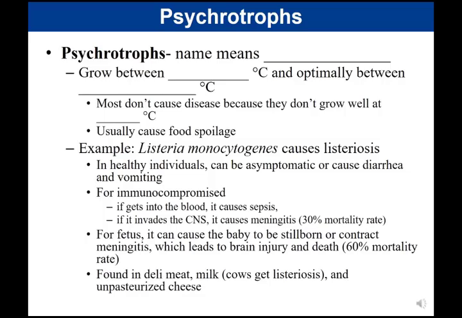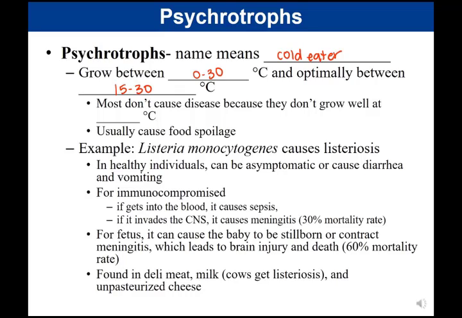Next, we have our psychrotrophs, and the psychrotroph, the name means cold eater, right? So phile was lover, troph is eater. So the name means cold eater. They grow typically between 0 and 30, and optimally between 15 to 30 degrees Celsius.